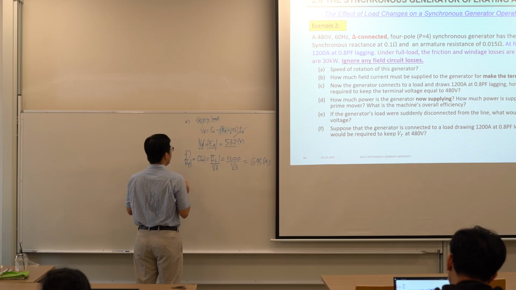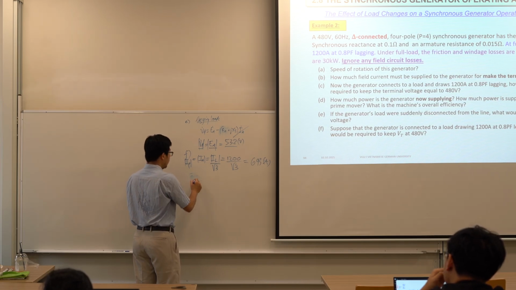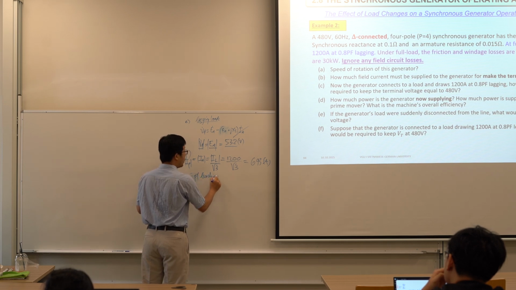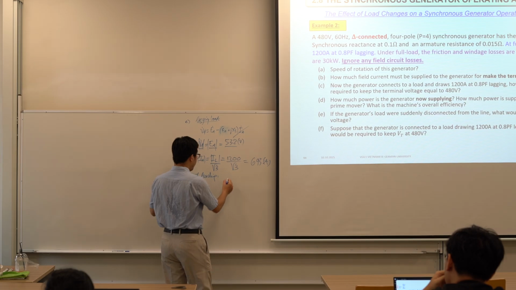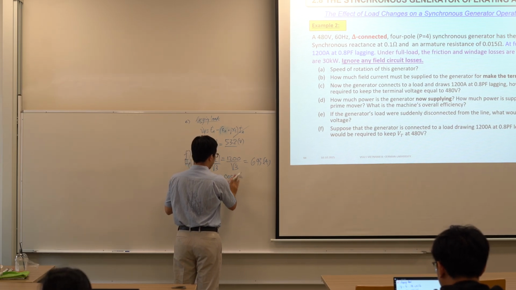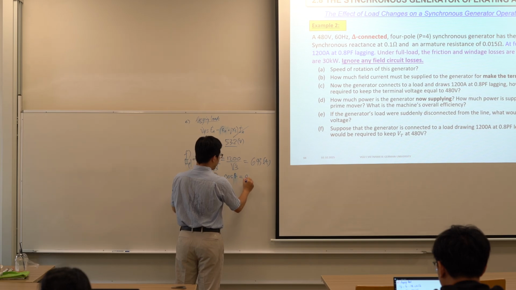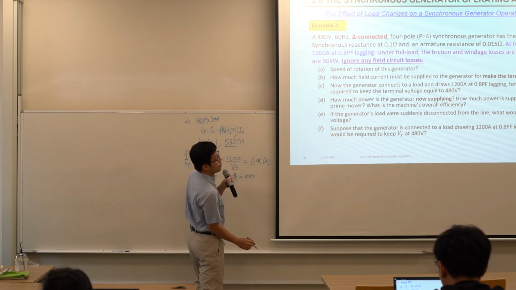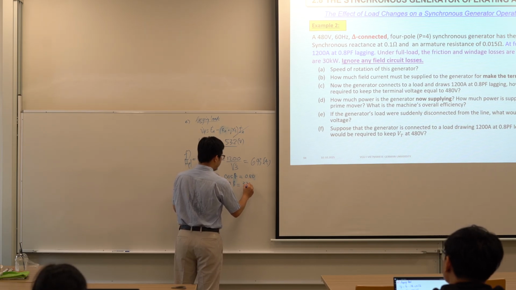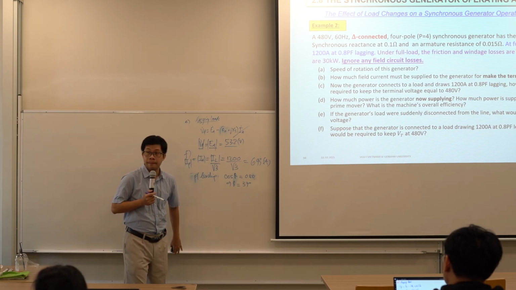So we have the formula, right? V phase, and then we have power factor leading 0.8, so we calculate. Cosine theta is 0.8, so theta is 37 degrees, right?